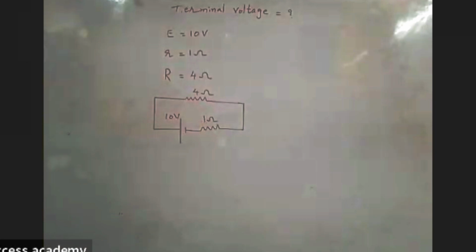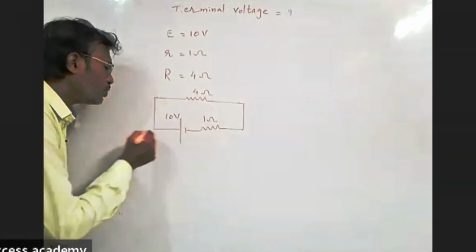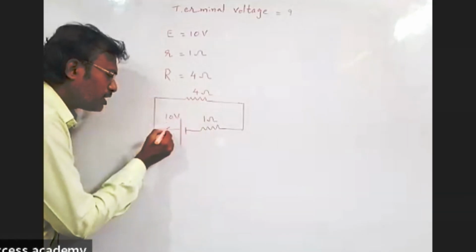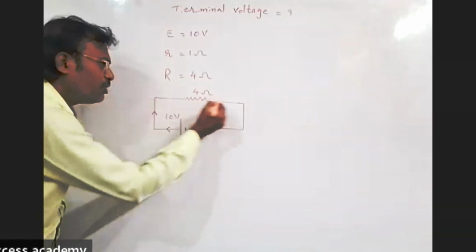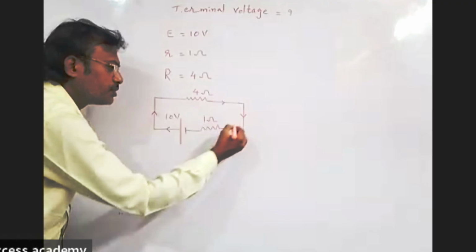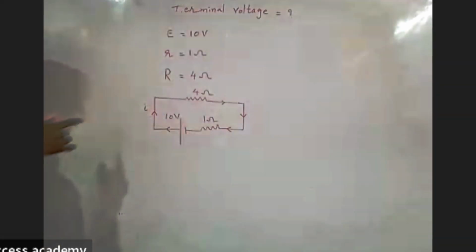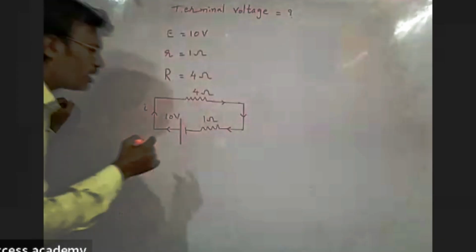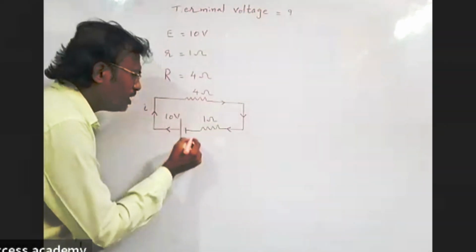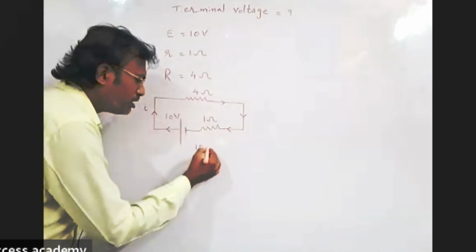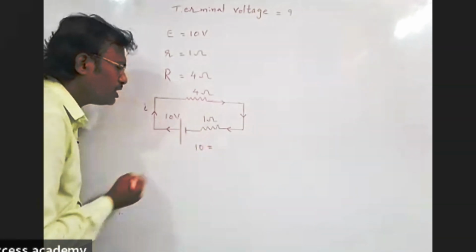at first we can calculate the current passing through the circuit. Listen, this is the positive terminal, this is the negative terminal. In the external circuit, the current passes from positive to negative. I need to calculate the current. Take Ohm's law. V is nothing but the potential, the EMF.